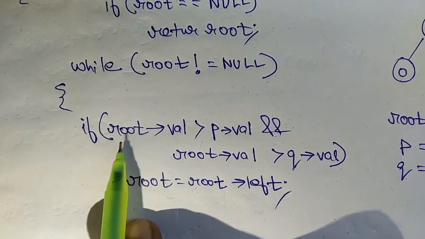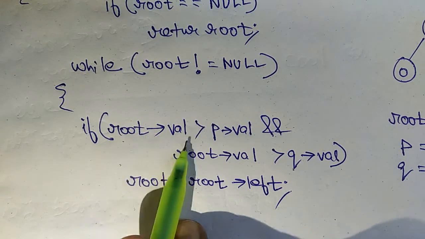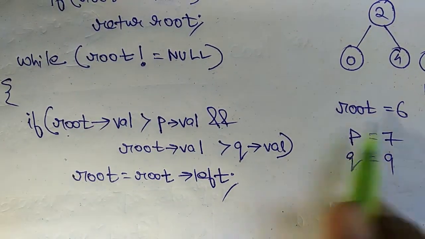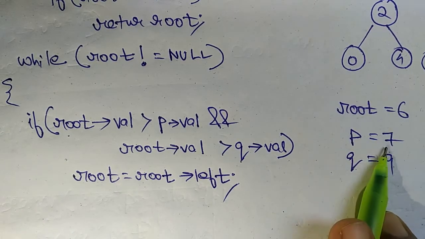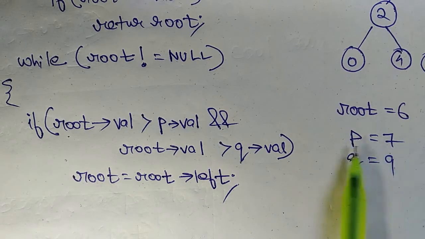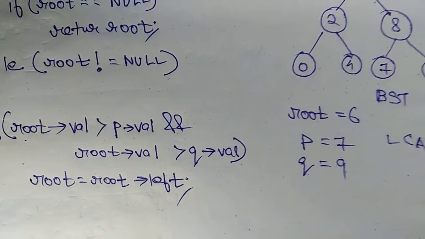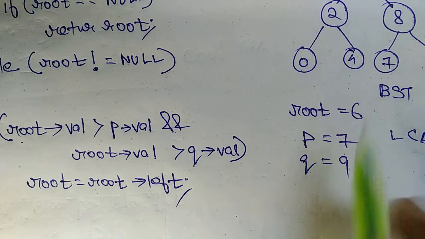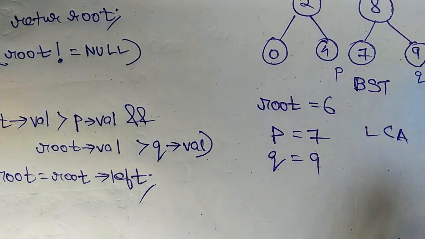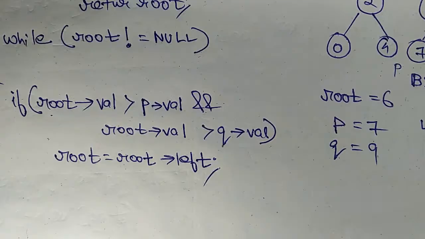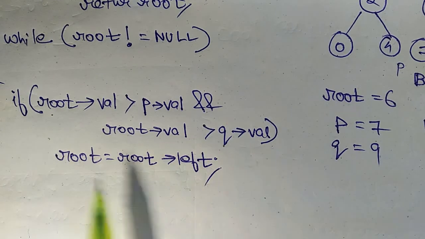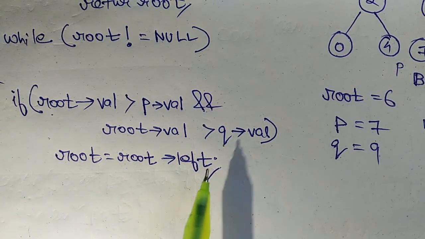Okay, so here it checks if root value is greater than P value. Now here root value is 6 and P is equal to 7 and Q equal to 9. Here P value denotes the value of the node P. Now if the root value is greater than both the P value and Q value, we shift root equal to root left.